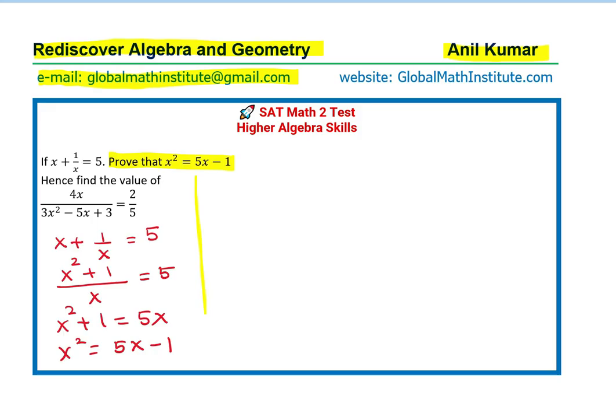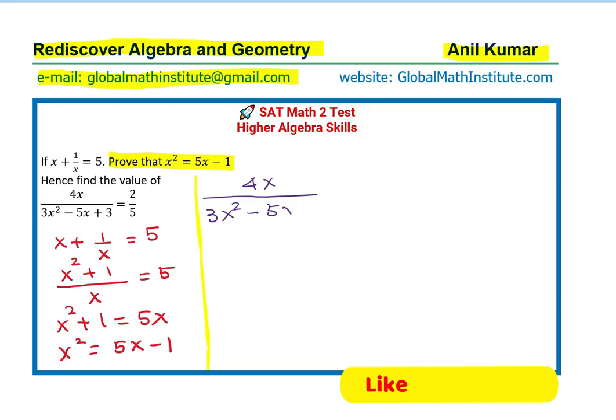Once you've done that, let's go to part B, which is now working with the expression 4x over 3x squared minus 5x plus 3. Now, in this particular case, since we found what x squared is, we're going to substitute this value.